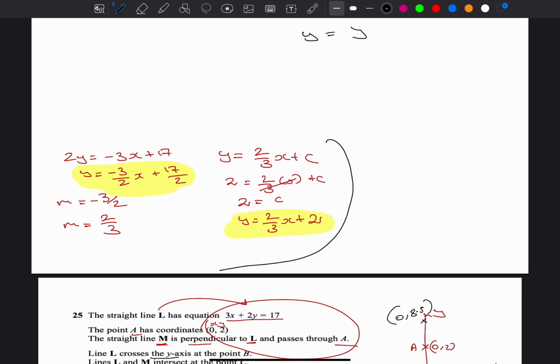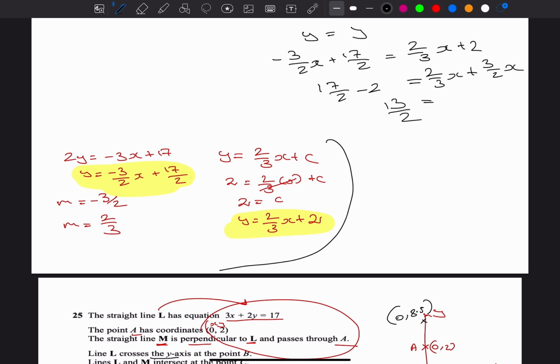Y equals minus 3 over 2 x plus 17 over 2 equals 2 over 3 x plus 2. 2 over 3 x plus 3 over 2 x. 17 over 2, take away the 2, which should be 13 over 2.